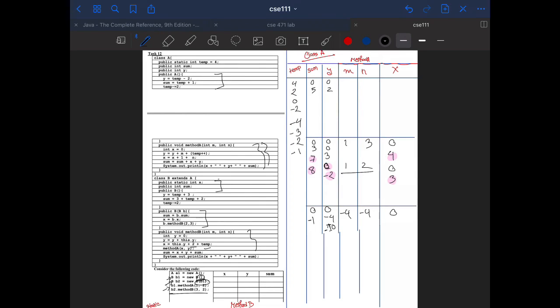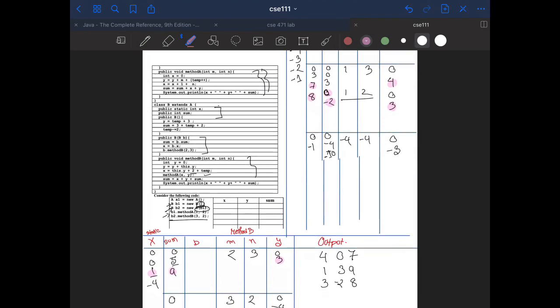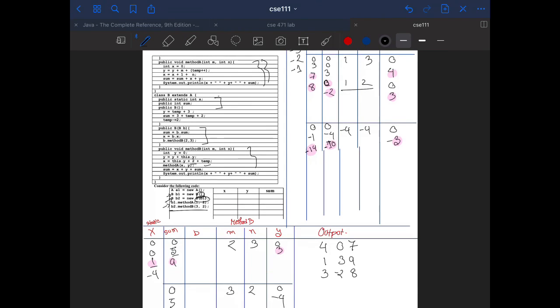We decrease temp by 1, so minus 1. x equals 0 plus 1, that's 1, and sum is minus 3, 10, and minus 1, that's 14. So this would be our output: minus 3, minus 10, minus 14.